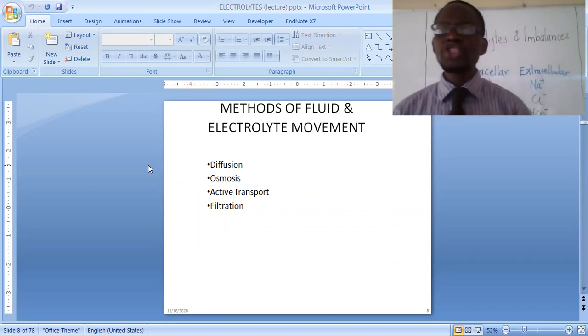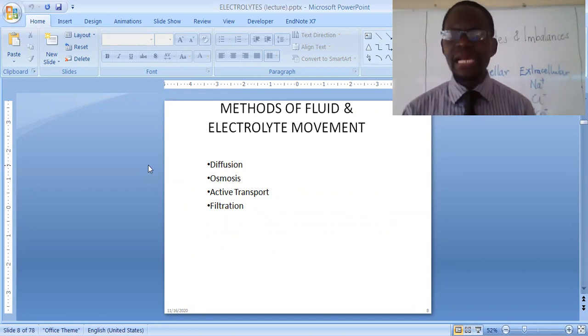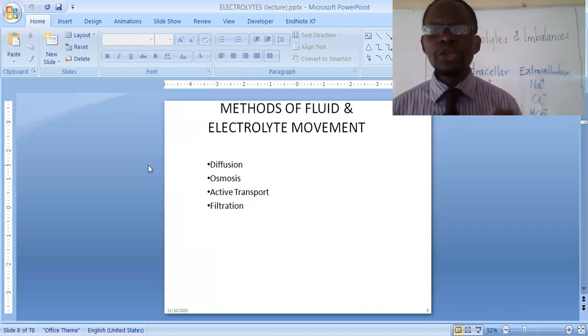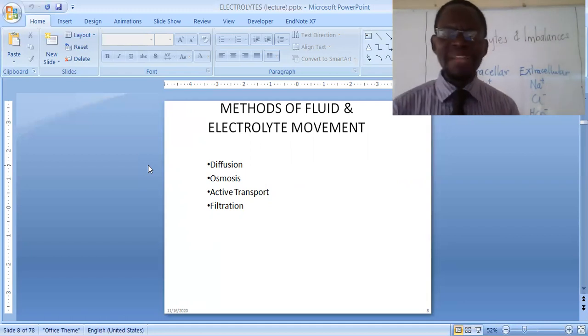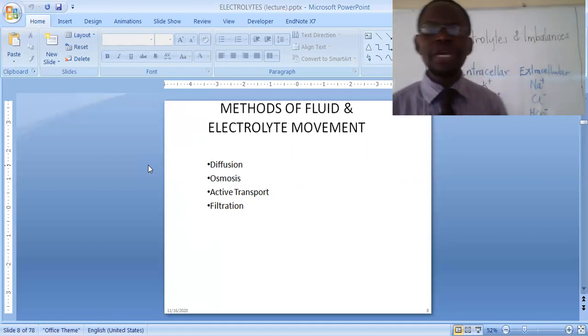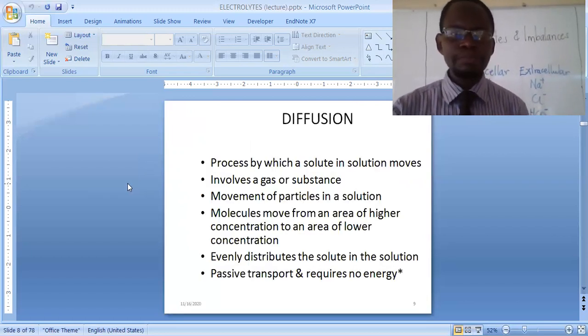There is osmosis, active transport, and filtration. We're going to go through these one by one, and you should be able to know how each plays a part in having fluid within the body.